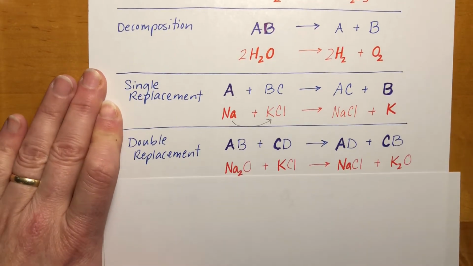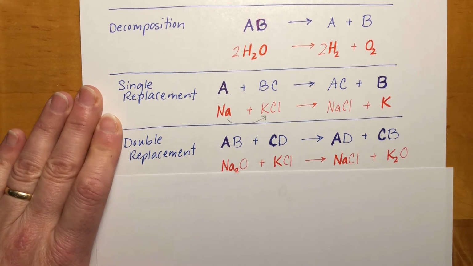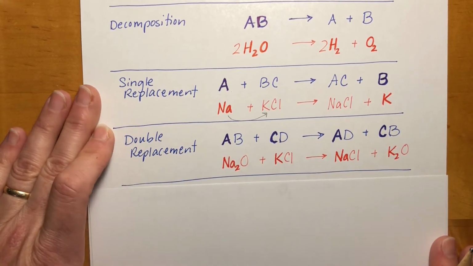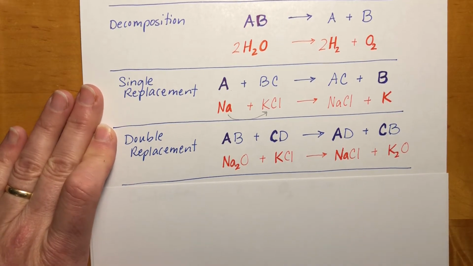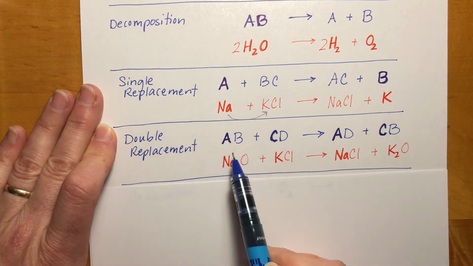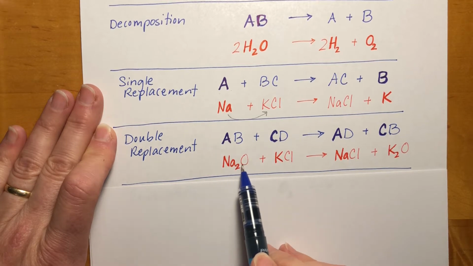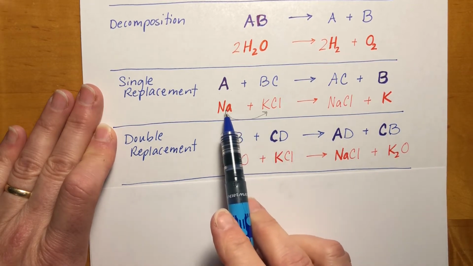And double replacement is very similar, except there's just another element involved. So in this example, again, if you pay attention to the metals. So notice I don't have sodium alone this time. Before, for single replacement, sodium was alone.